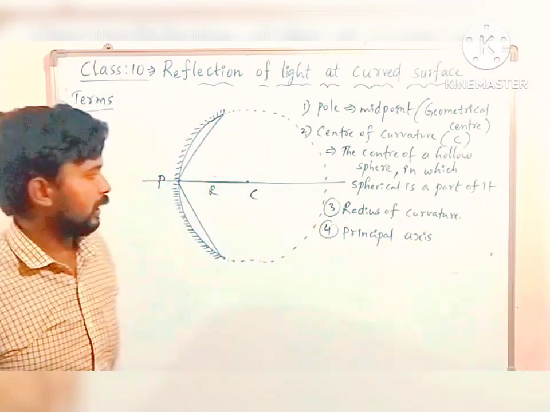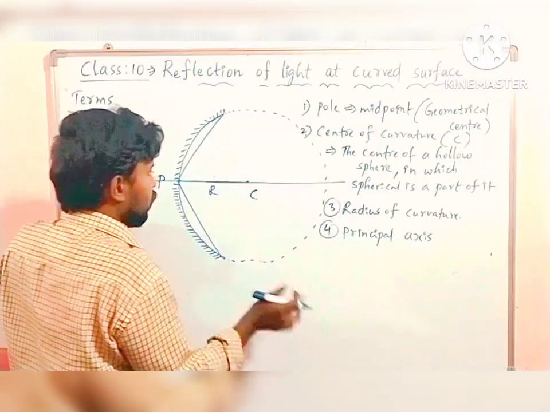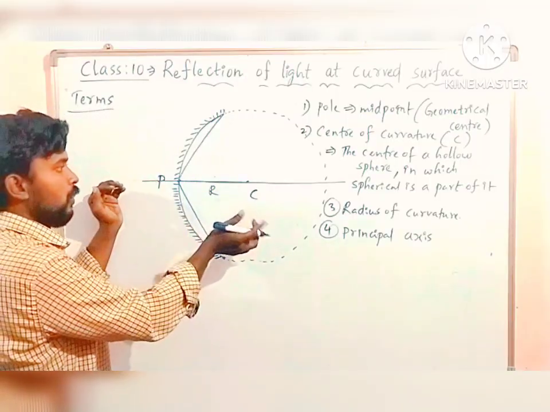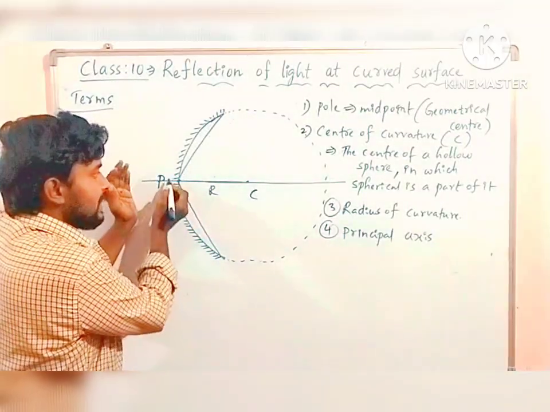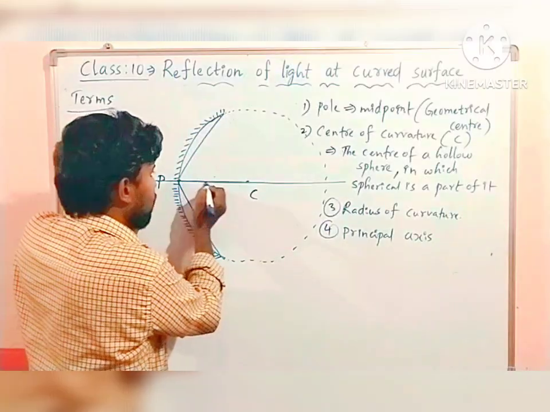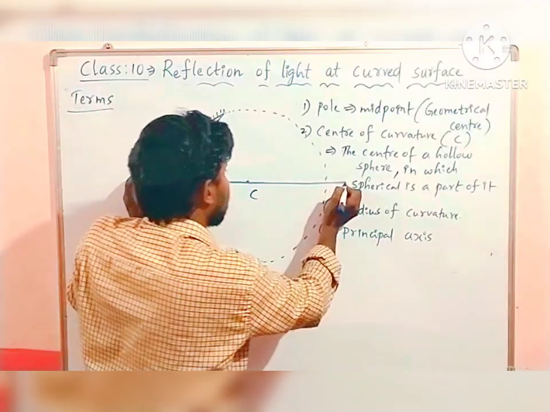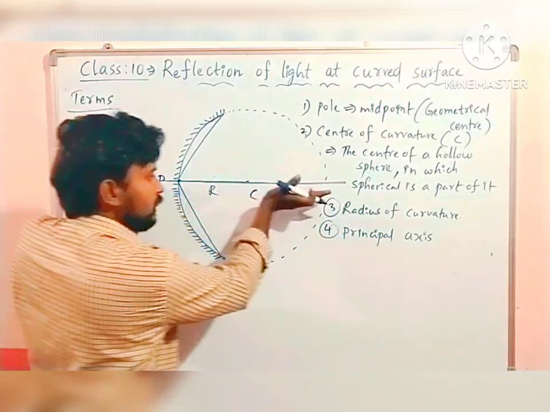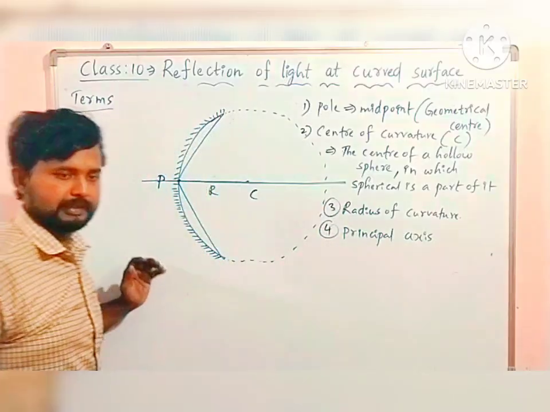It is a horizontal imaginary line which passes from the pole to the center of curvature. Itla oka line itla pass avutadi, danni antaru manam principal axis antaru.